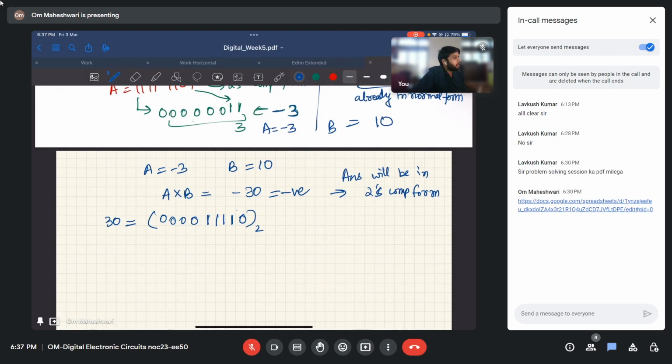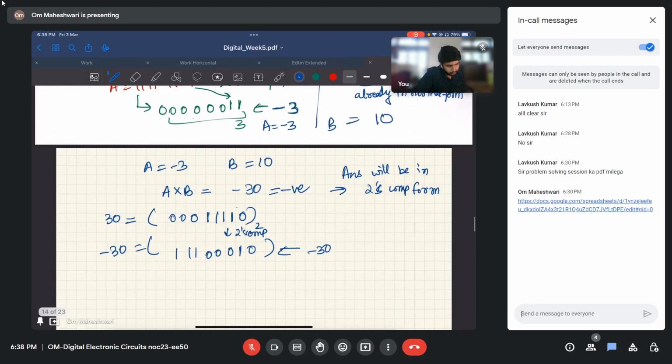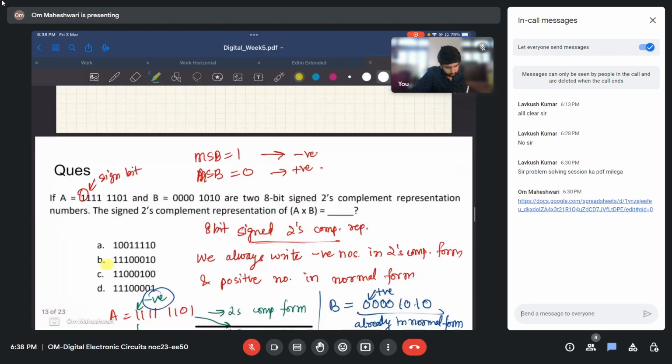And for minus 30, we take its 2's complement: 0, then 1, then invert all the next digits: 1 1 1 0 0 0 1. So this is minus 30, and this should be the answer: 1 1 1 0 0 0 1 0.